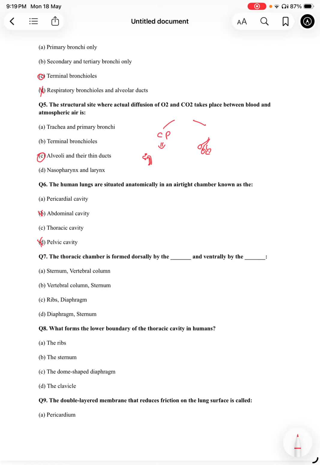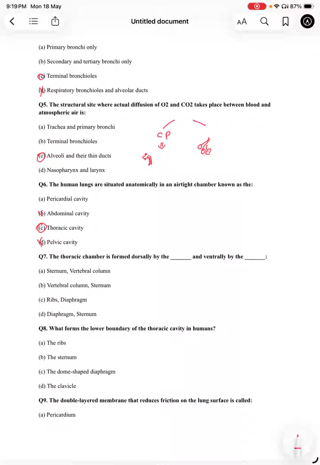It is located anatomically in the thoracic cavity, because any change in the volume of the thoracic cavity is directly mirrored in the change in the pulmonary volume, which is the foundational mechanic required for breathing. Sometimes when we think of everything with all the questions in our head, we tend to get confused. No problem with that.